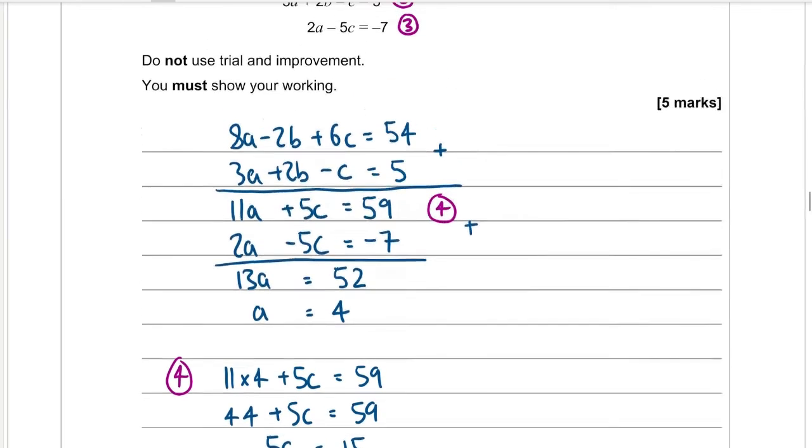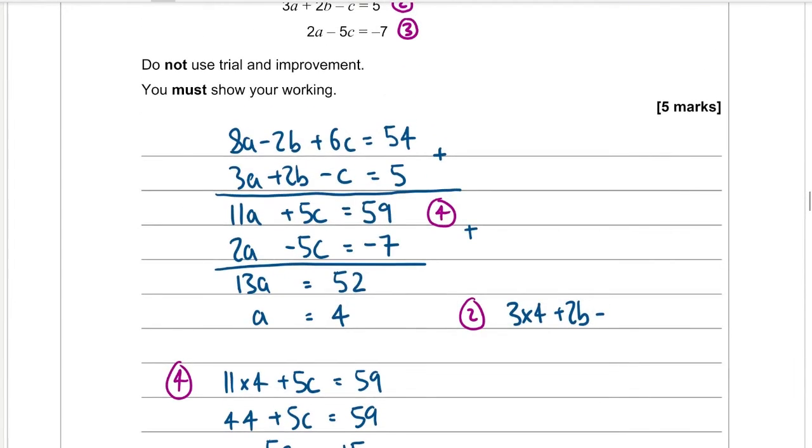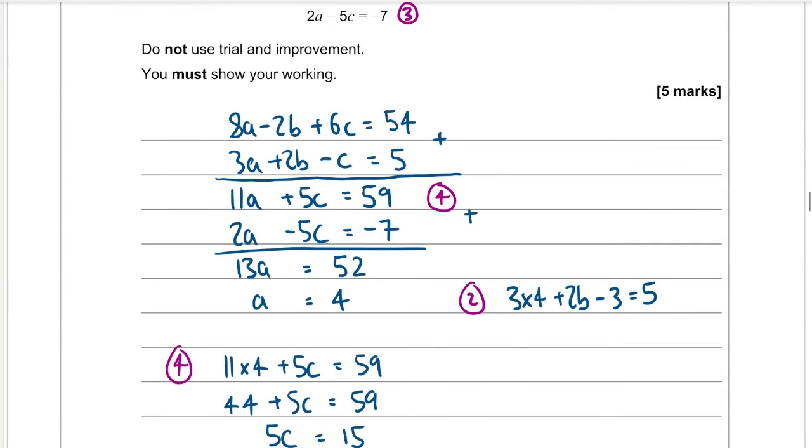And then finally, I'll just pick an equation that has b in it. I'll go for equation number 2, just because it's got a positive b. So I've got 3a, which is 4, plus 2b minus c, which we worked out was 3. And that's equal to 5. So that's 12 plus 2b minus 3 equals 5, which is 9 plus 2b is equal to 5.